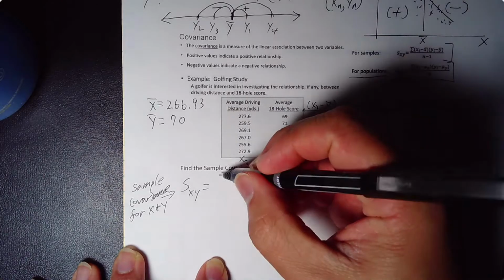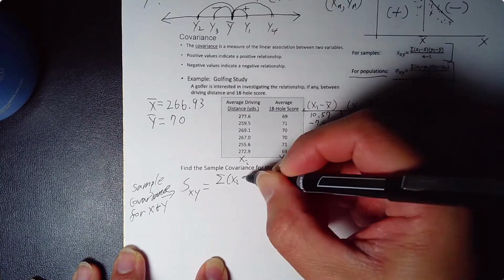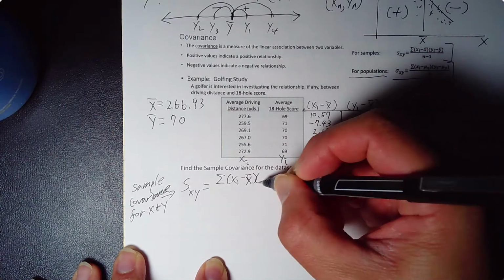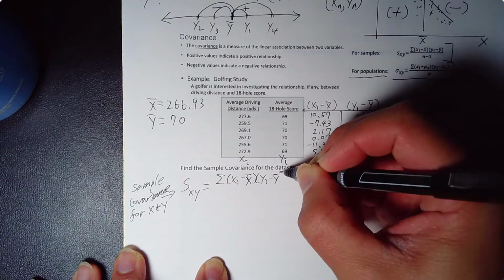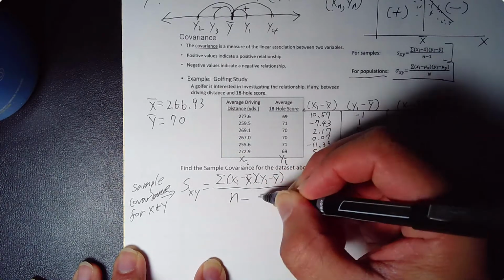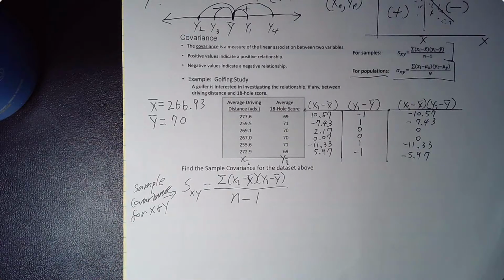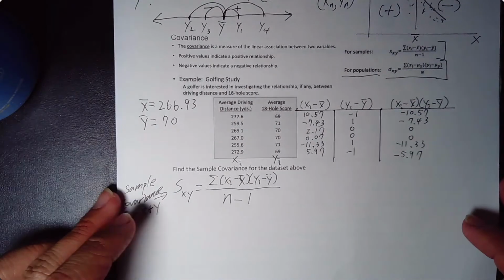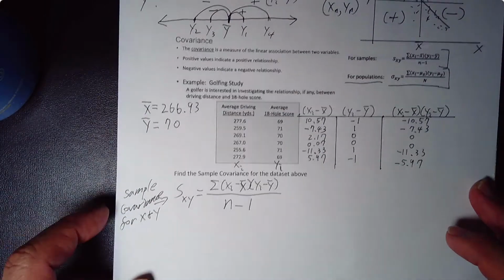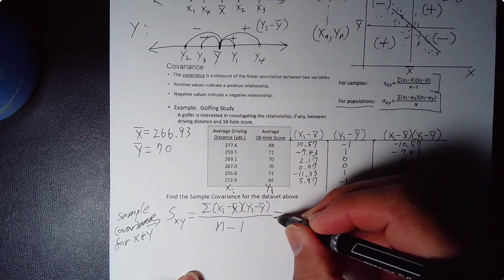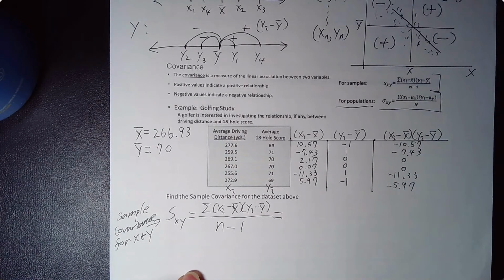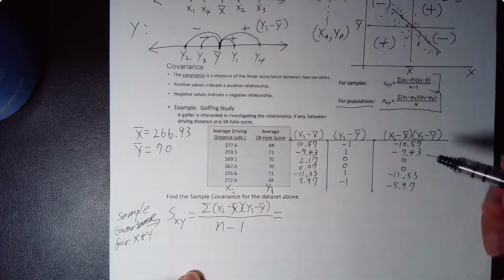The formula goes like this: summation of xi minus x bar times yi minus y bar on top, and on the bottom is n minus 1. We need to have the n minus 1. Don't worry about it for now. I will explain later what that means. You don't need to know, just follow the formula. On top here tells me that I want to add this up.